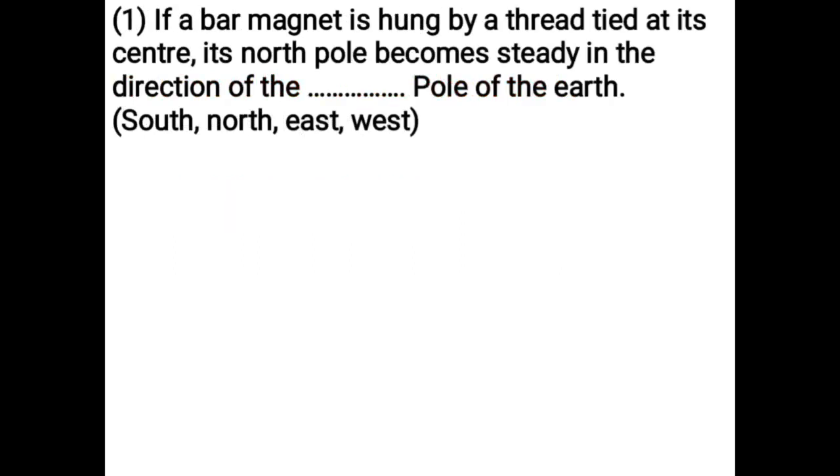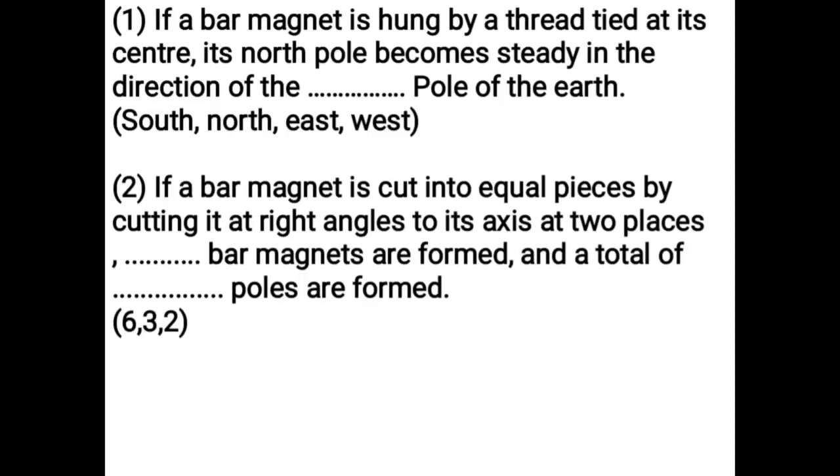Fill in the blanks with the appropriate word. If a bar magnet is hung by a thread tied at its center, its north pole becomes steady in the direction of the dash pole of the earth. North. If a bar magnet is cut into equal pieces by cutting it at right angles to its axis at two places, dash bar magnets are formed and a total of dash poles are formed. 3, 6.